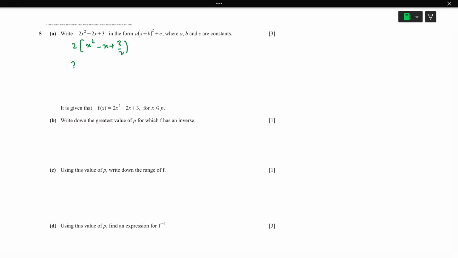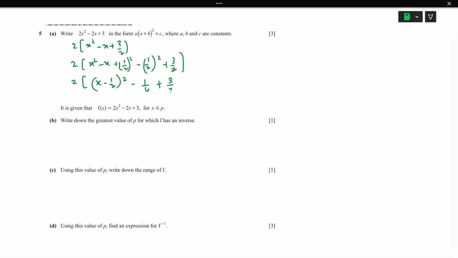The next step, x square minus x, the coefficient is 1, I'll make it a half, so I write 1 by 2 whole square and minus 1 by 2 whole square plus 3 by 2. So next step, I can write 1 by 2 whole square, then minus 1 by 4 plus 3 by 2.